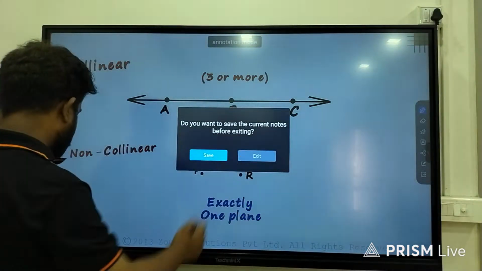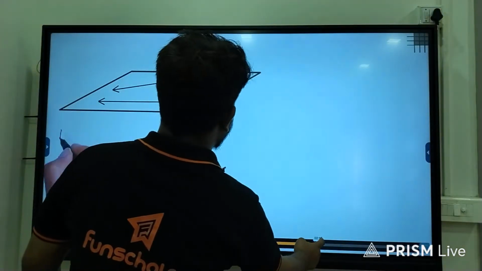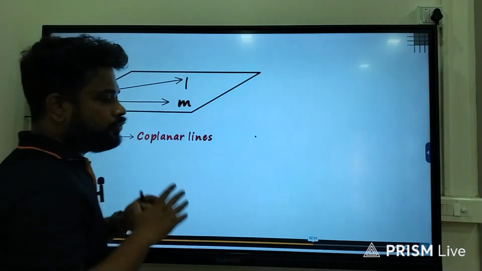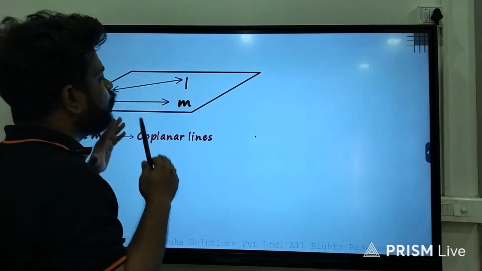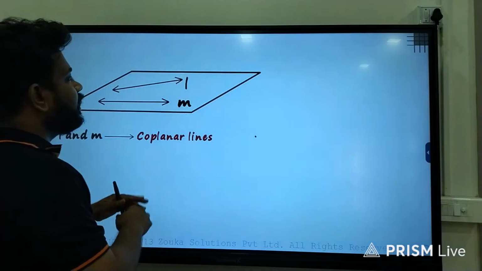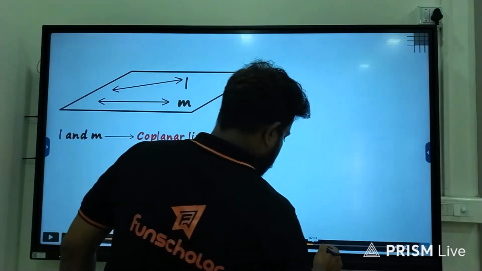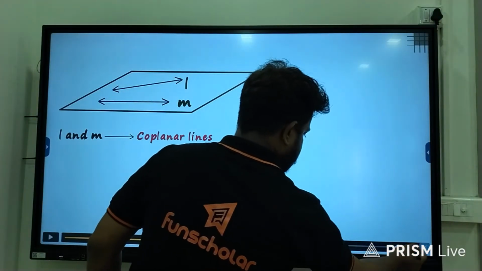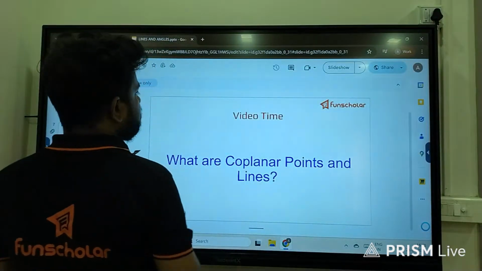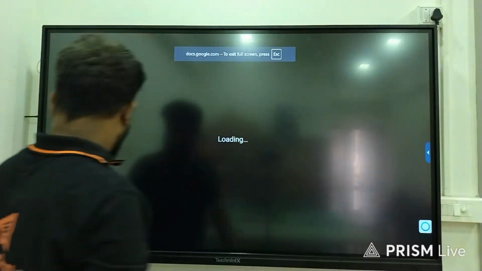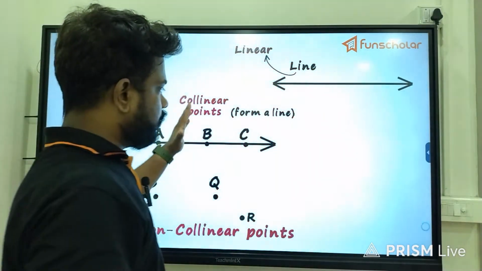And if two or more lines stay in one plane, we call them coplanar lines. So this was just a small video about collinear points and coplanar points. Now it will be easier to understand this.